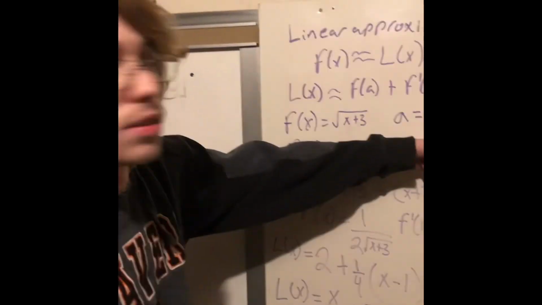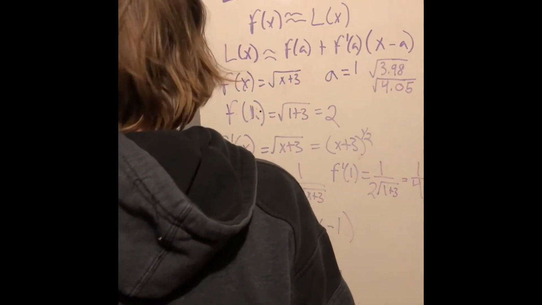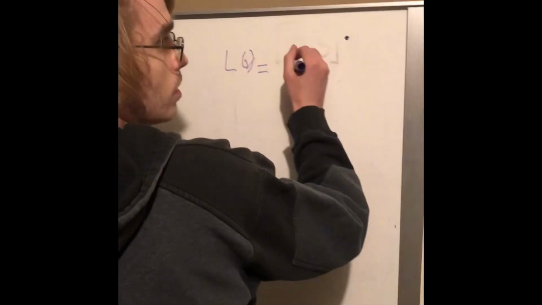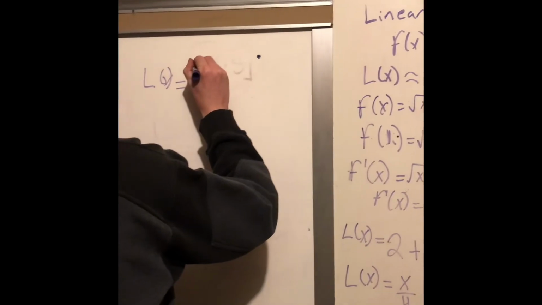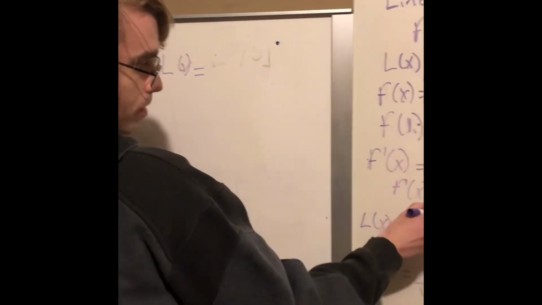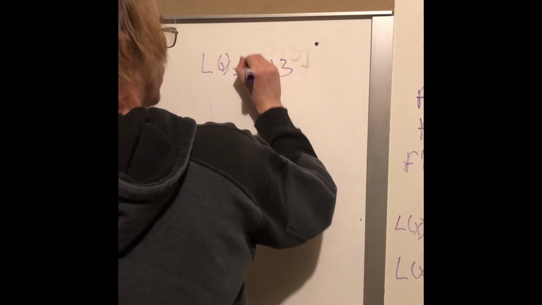So what we're going to do with that is find the approximate values of these. So 3.98. We have x plus 3 here, okay? The square root of x plus 3.